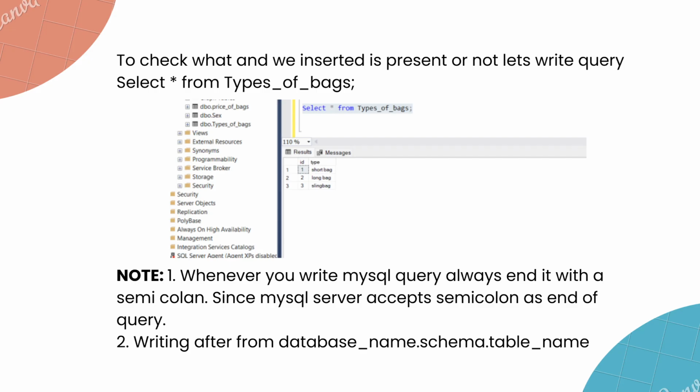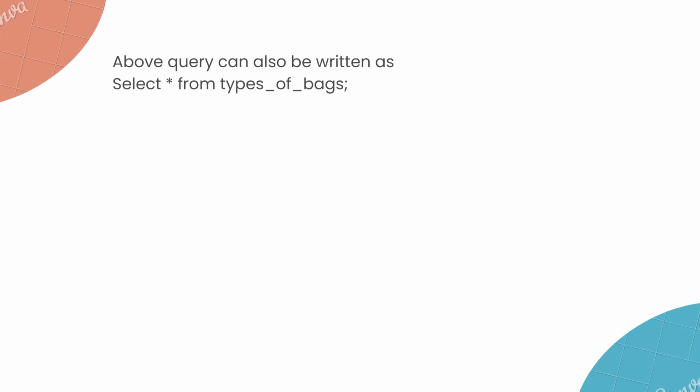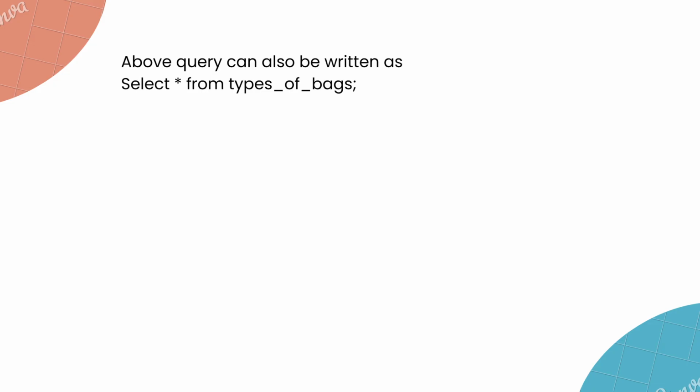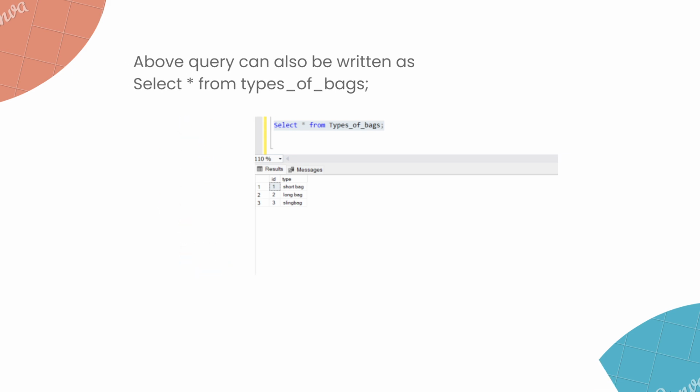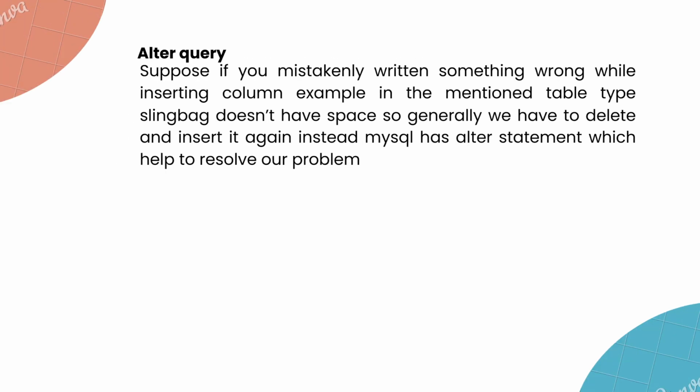Writing after FROM database_name.schema.table_name, the above query can also be written as SELECT * FROM types_of_bags; Now the alter query. Suppose you mistakenly wrote something wrong while inserting a column. For an example, in the mentioned table, the type 'sling bag' does not have a space.